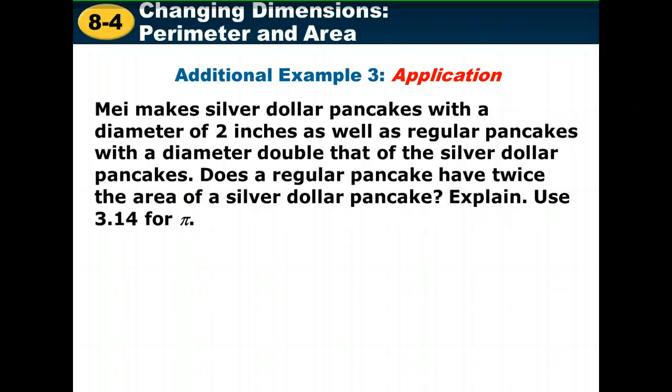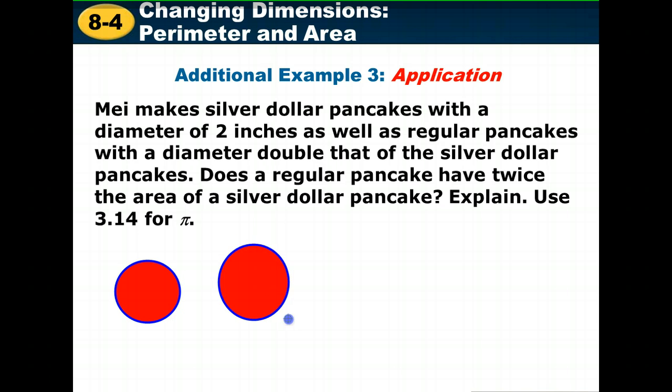All right, let me get a circle here. So we have a little circle and a big circle. The diameter here was 2, and here we're going to double the diameter, so the diameter for this one has to be 4.